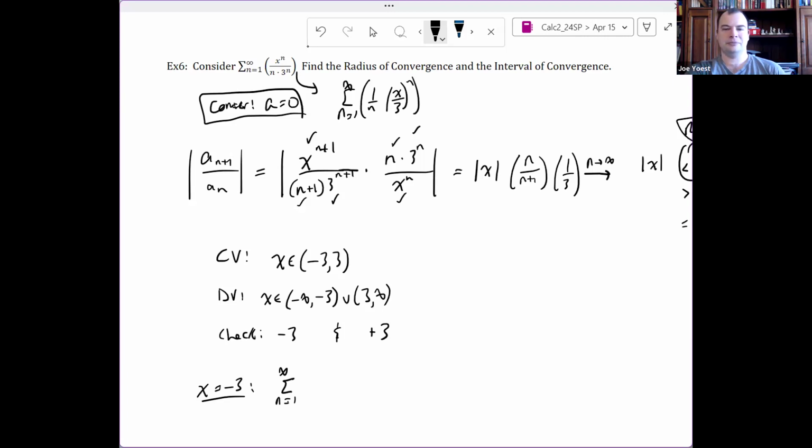So the sum n equals 1 to infinity, if x is -3, is -1 to the n over n. Technically it's the negative of the alternating harmonic series, but that basically is the alternating harmonic series, which converges.